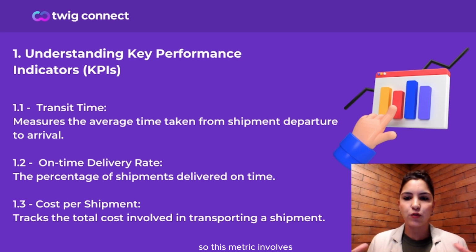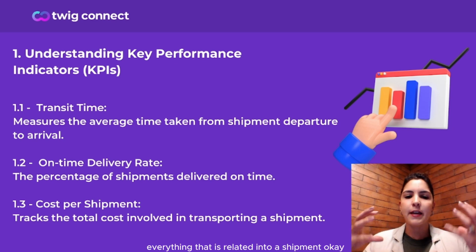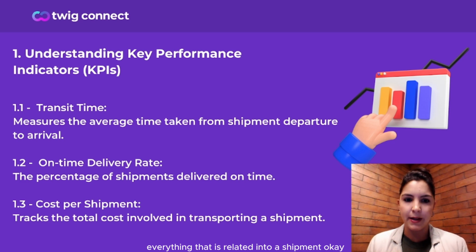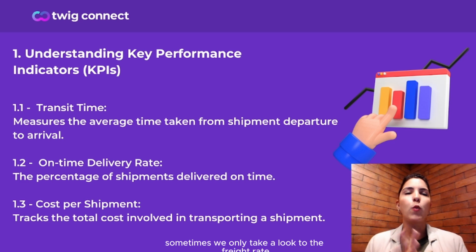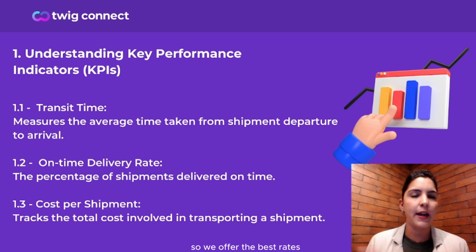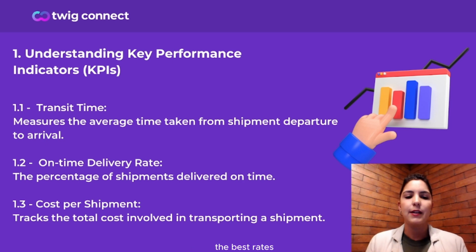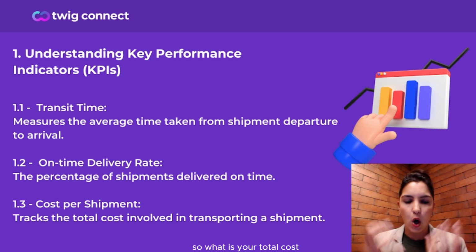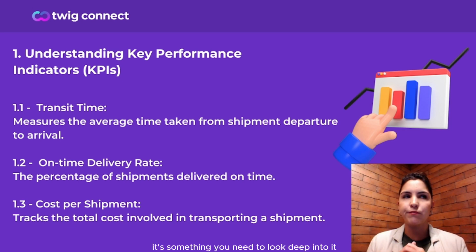So this metric involves everything that is related to a shipment. Sometimes we only look at the freight rate, so we offer the best rates, the best freights, and it's not only about that. So what is your total cost? It's something you need to look deep into.